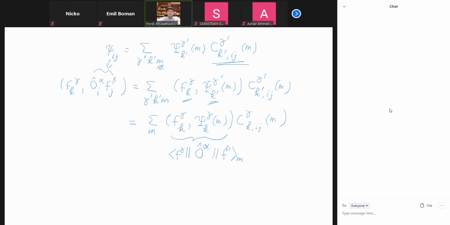But the point is that it does not depend on the I and the j. So it is independent of ij, and that is the Wigner-Eckart theorem.